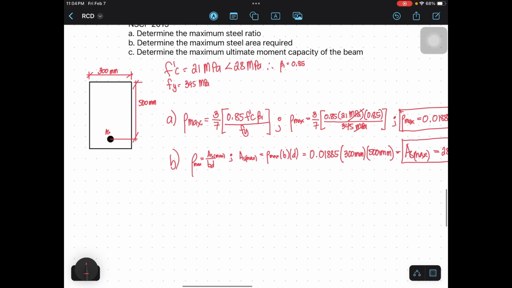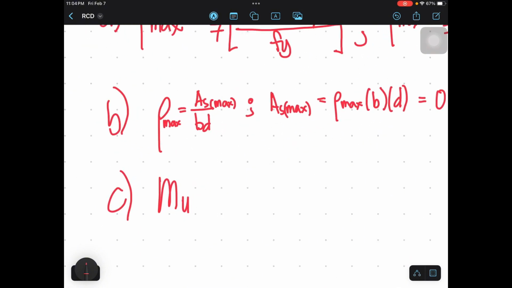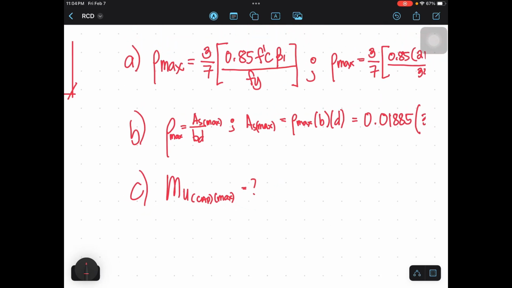Next, we have letter C. Determine the maximum ultimate moment capacity of the beam. So the ultimate moment capacity under maximum condition is being asked.